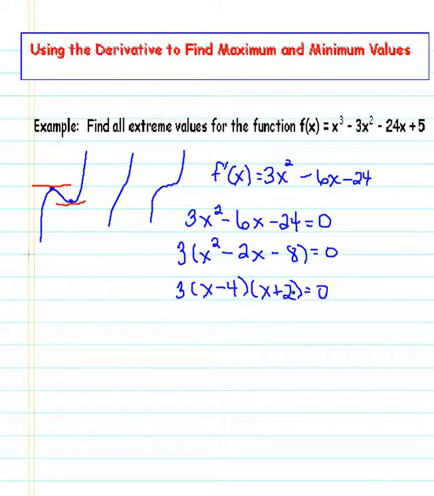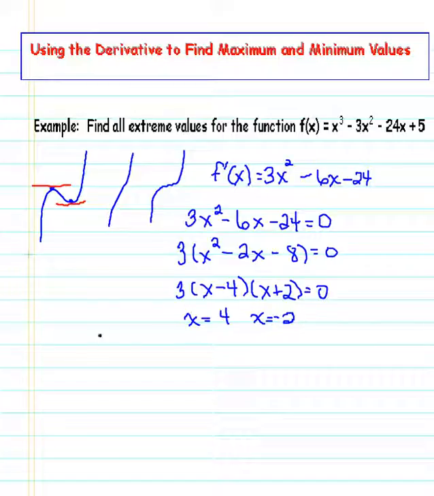Based on these factors, we know we're going to have an x value of 4 and an x value of negative 2. I do know that in this problem it is going to be this case where we do have one of each. To decide which one we have, the next thing that we're going to do is find the function's value at each of these x values.